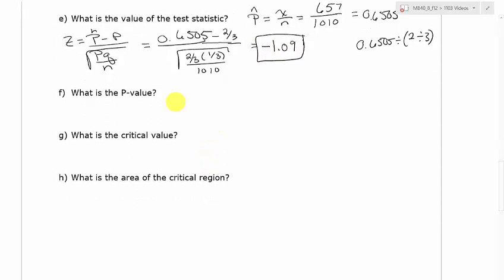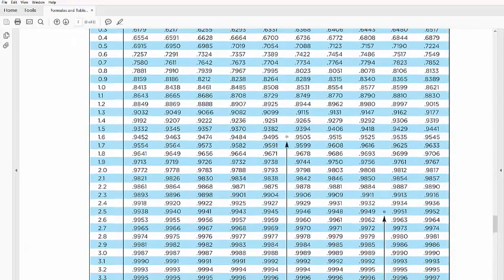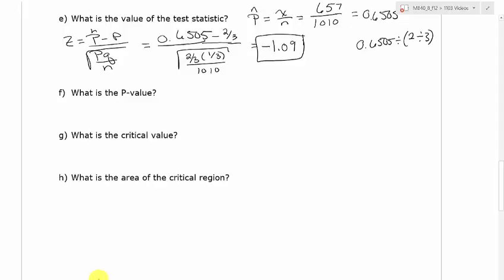This is from the normal distribution, so we can use our table to find our p-value. So let me pull up the table. Our test statistic is negative 1.09, and this is a two-tailed test.